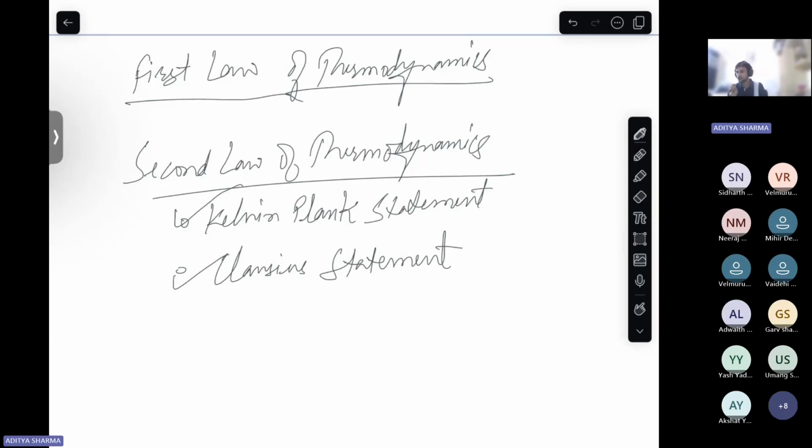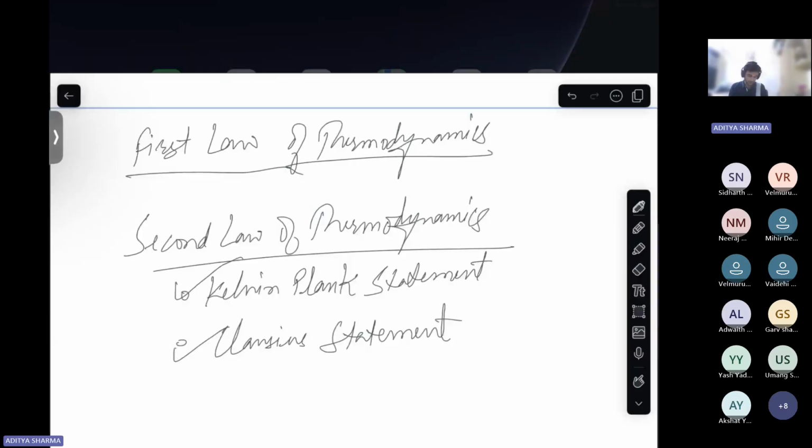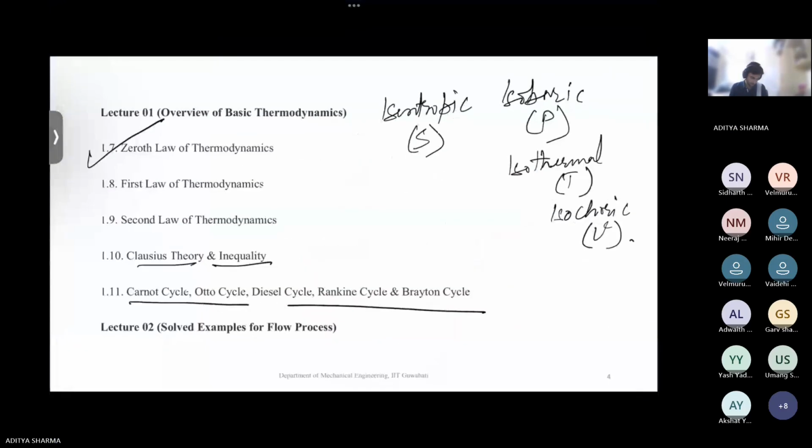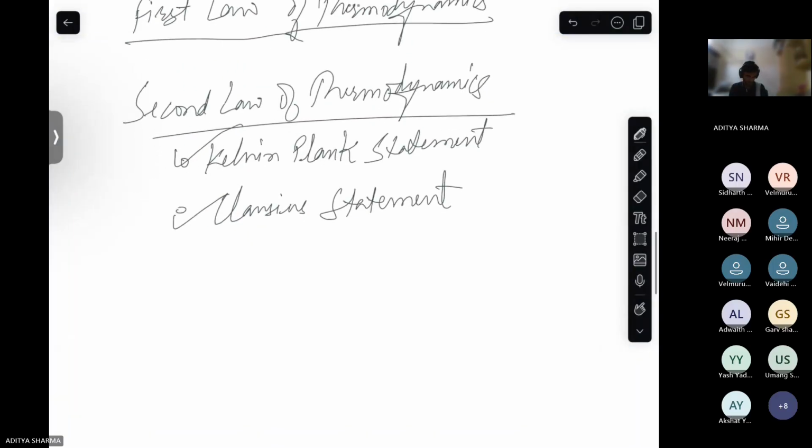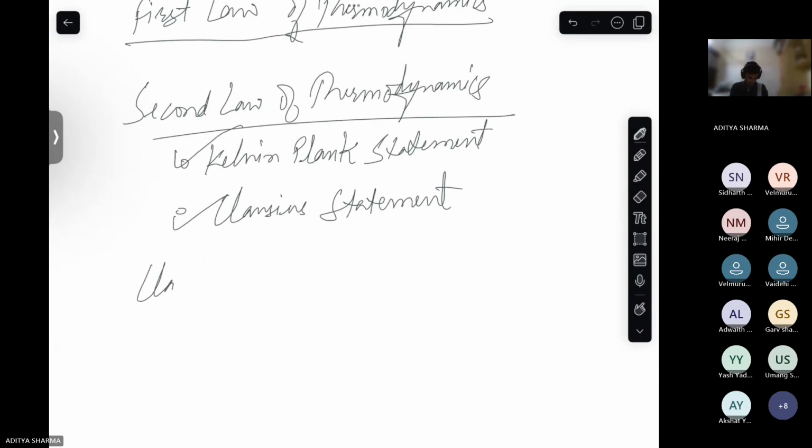So Clausius theorem and inequality is next. What is the purpose of discussing Clausius theorem?